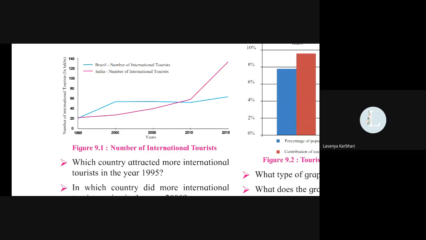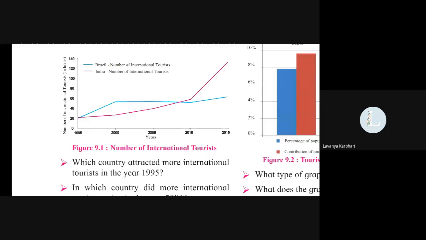It means in the five years between 1995 and 2000, tourists increased by a very high amount in Brazil. From 20 lakh it moved to almost 50 lakh, but for India it was the same, almost 20 lakhs.